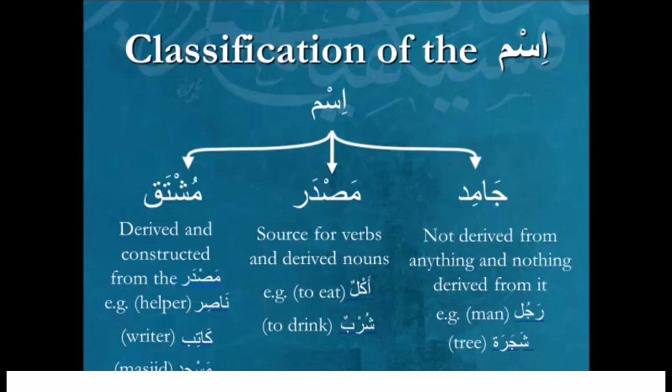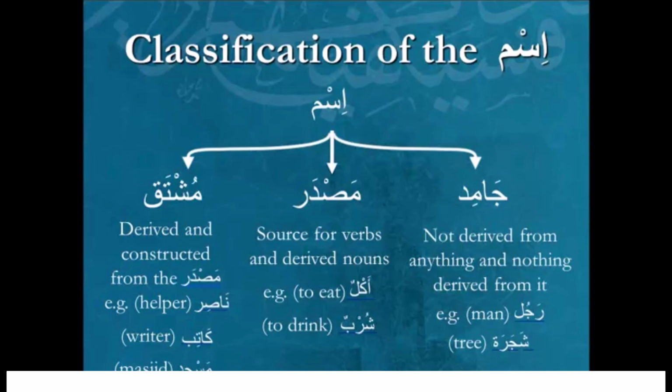And then the words that are created from the masdar, we have the word nasir, which means helper. Notice that it has the noon, the sad, and the ra that can be found in dozens of other words. So it's part of the family. So nasir is an example of a word which was created from nasrun. Nasrun means to help, and nasir is helper. Katib is writer, so it comes from a word that means to write, and from which other words are created, like wrote, writes, will write.